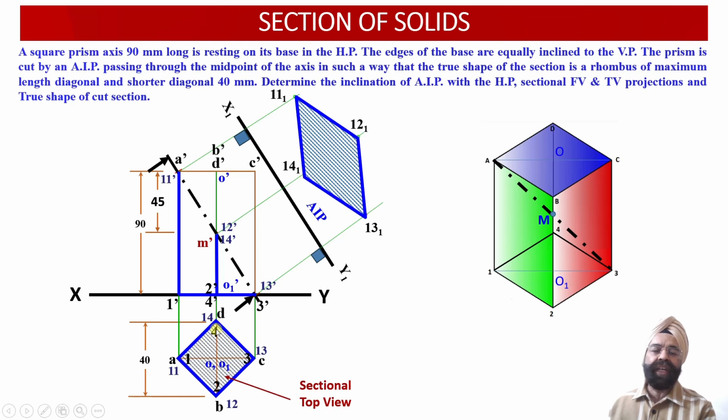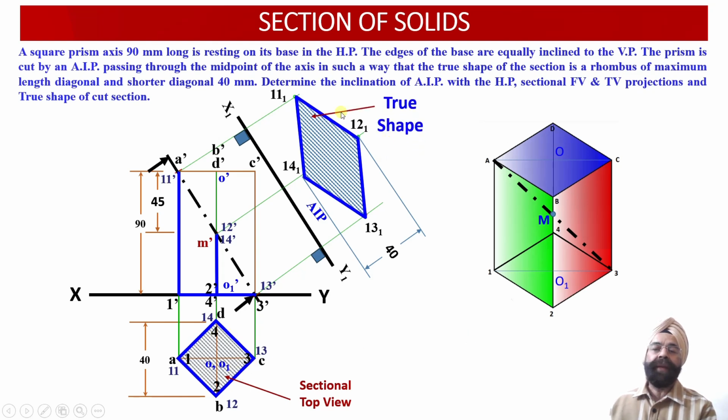This is equal to the diagonal distance between the base points of the square prism. So for the square prism, this is the diagonal distance which is equal to 40 millimeter. So we can measure this out. This distance is equal to 40 millimeter. That is why, since these 2 points are projected over here, this diagonal length we had taken in the case of the square prism to evaluate the edges of the square prism over here.